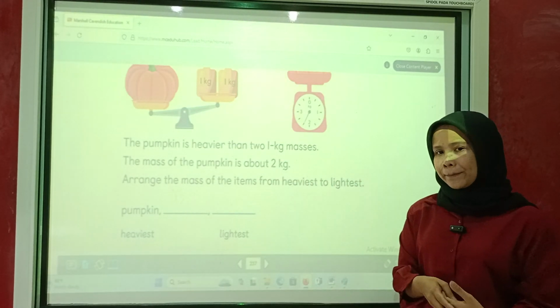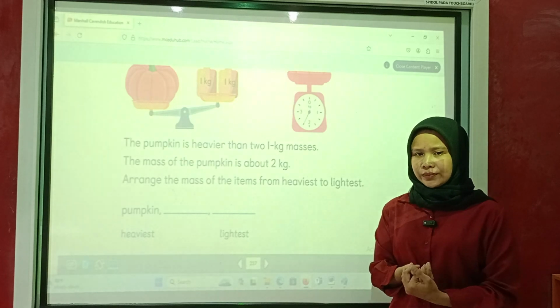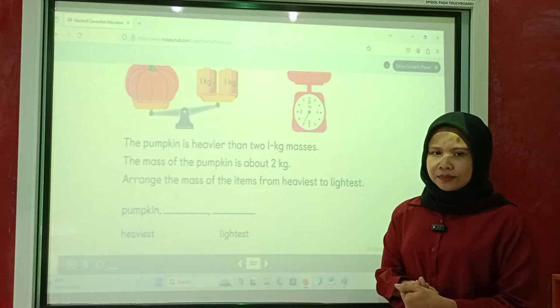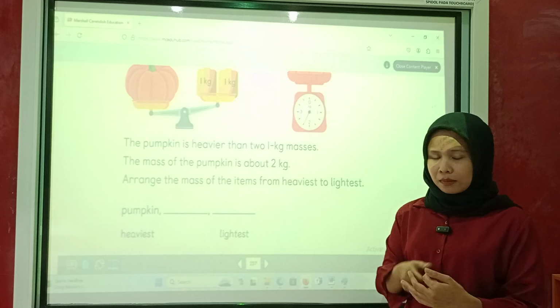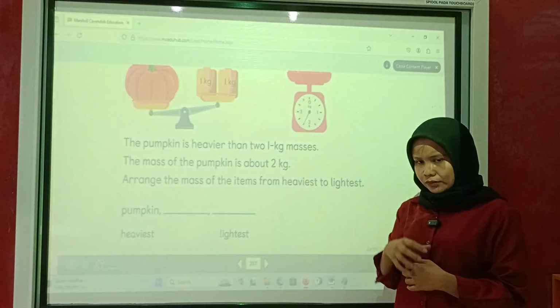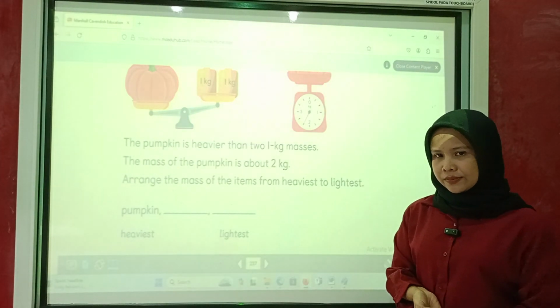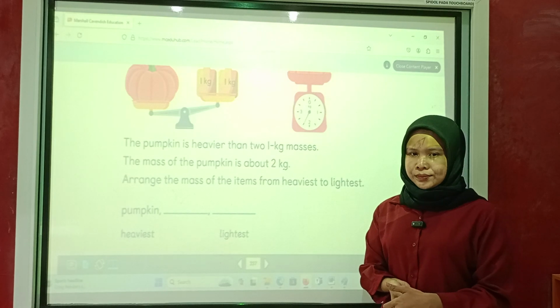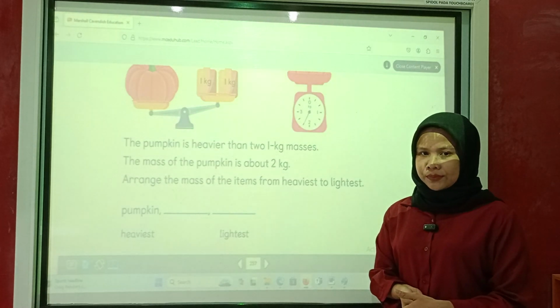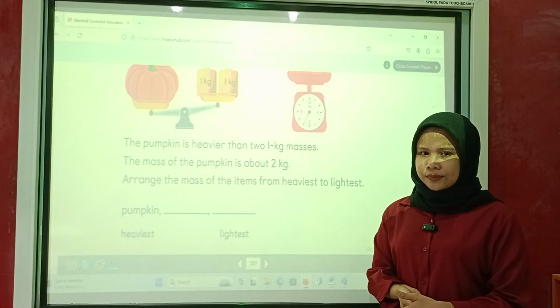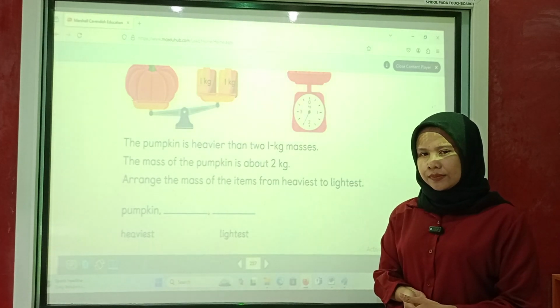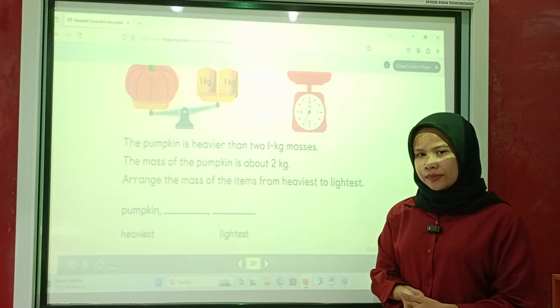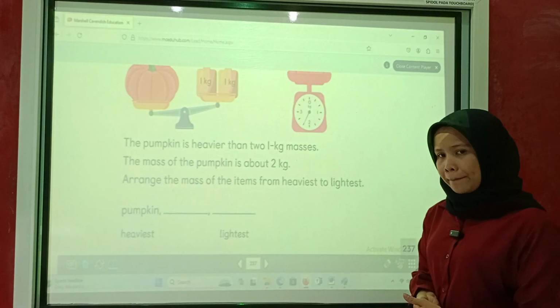Okay, Miss Wida, you should also know that we should explain how we use these lessons in our real life. What do you think? What will you explain to the students, to say that by learning this one, later in your daily life, it will be useful? In what part do you think?